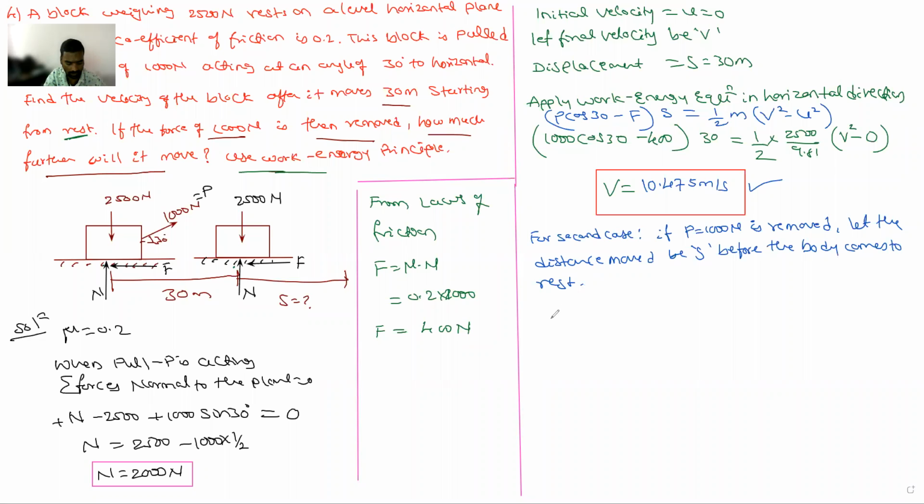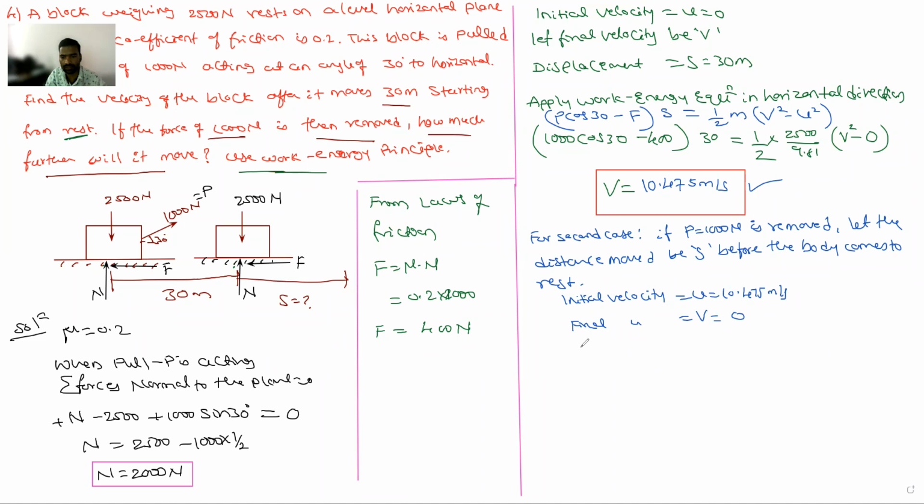Then the initial velocity is U equal to 10.475 meter per second. Final velocity is V equal to 0.